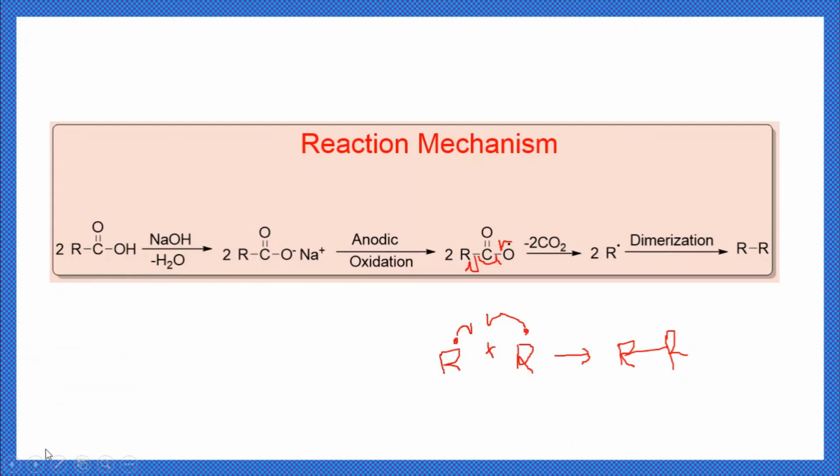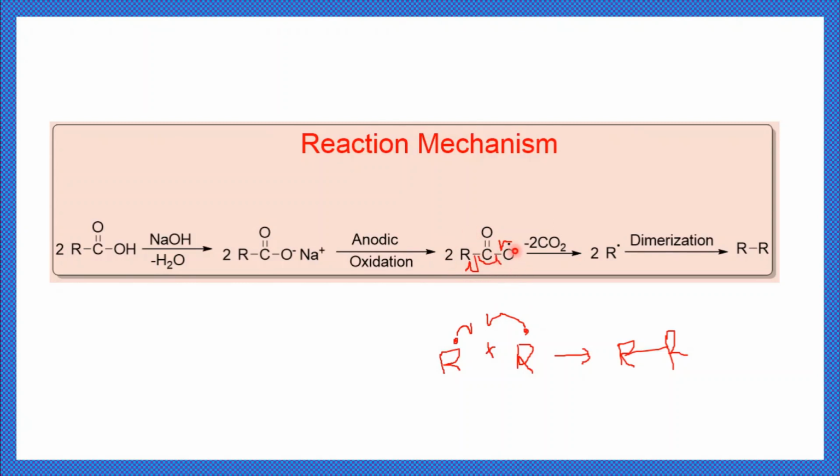This carboxylic acid reacts with NaOH, sodium hydroxide. The role of this sodium hydroxide is that it acts as a base. It takes this proton and generates this salt. Then this salt undergoes anodic oxidation, it loses 1 electron, and generates a radical.